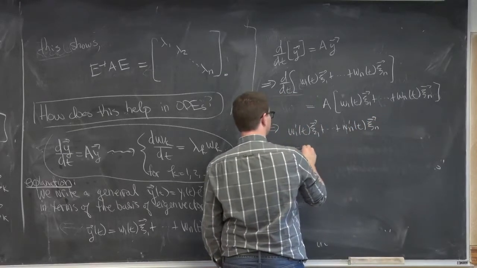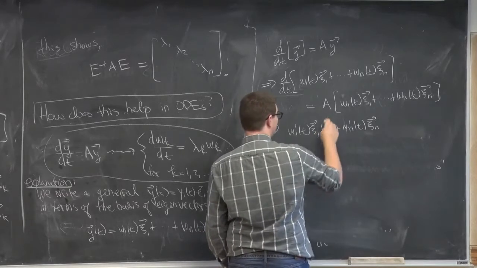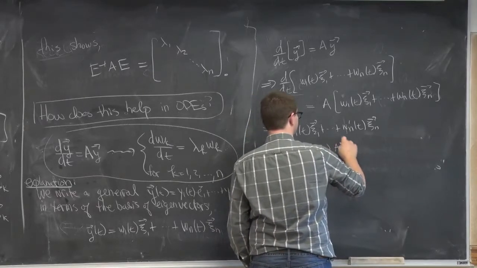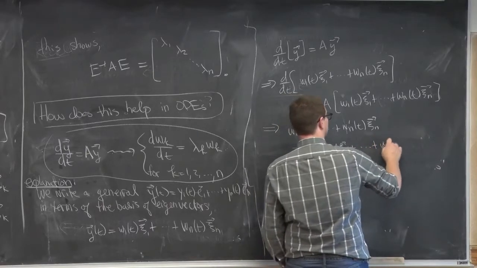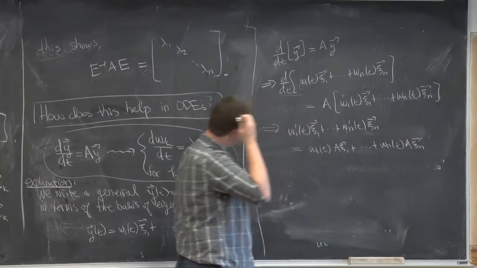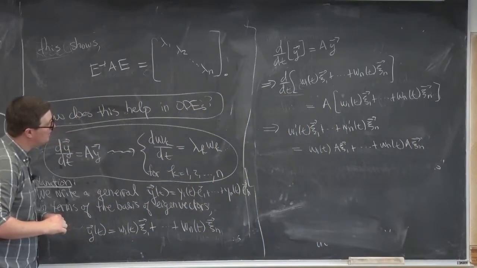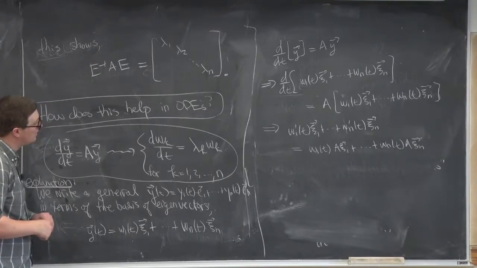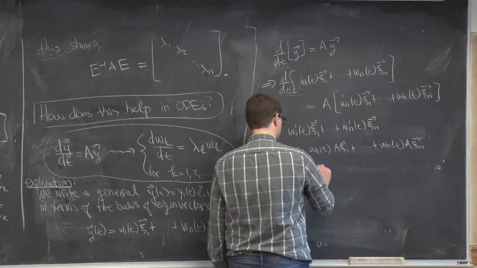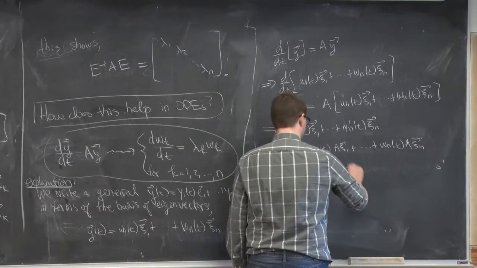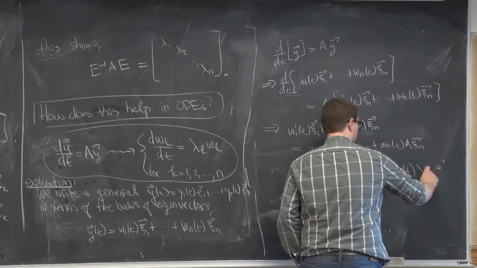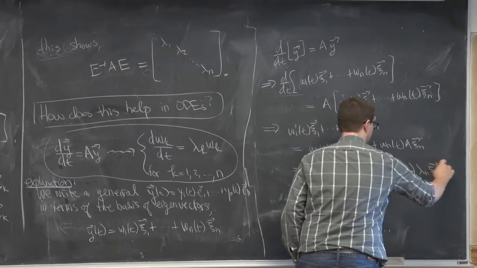And then on this side, we just apply A. A is a linear map, so these coefficients are constant. We get w1 of t A c1 plus up to wn of t A cn, which is lambda 1 c1 up to lambda n cn.